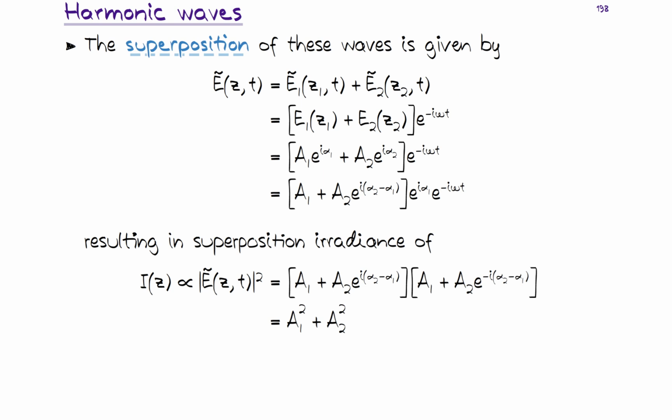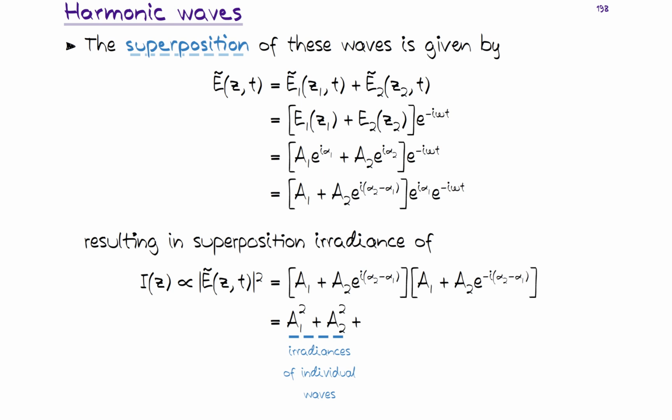So what is left? On the left hand side, the first terms are the moduli of the amplitudes, and since they are real valued, I do not even need to use the absolute value notation here. So I have this kind of distribution, and essentially these would be associated with the irradiances of the individual waves, and then I will have some kind of interference term.